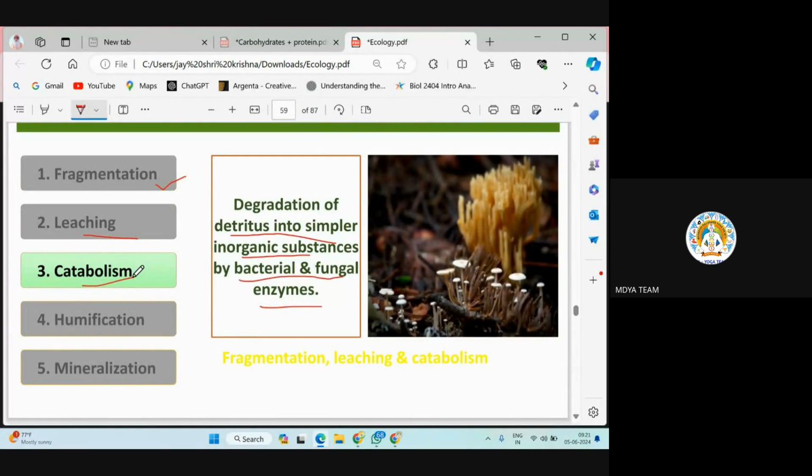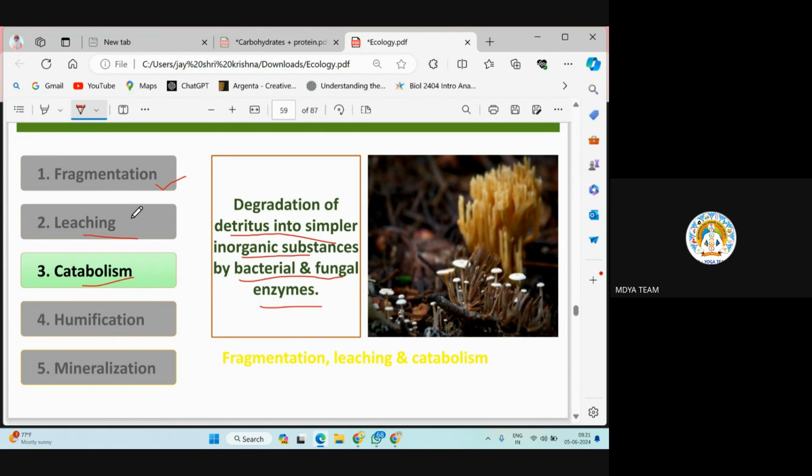Catabolism: now, the remaining organic material, for example carbohydrate and protein, are degraded in our digestive tract with the help of digestive enzymes. During digestion, carbohydrate is converted to glucose, a monosaccharide, and protein is converted into amino acids.